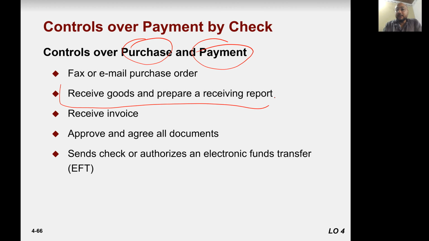When you receive the goods, there is going to be a receiving report. Okay, goods have been received. So you present it with the invoice and all the documents, you take approval, and then you go to the authorized person who will either write you a check or transfer the funds electronically. Like I said, everything is backed by some proof.